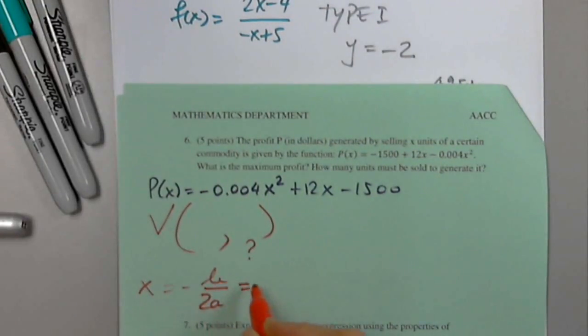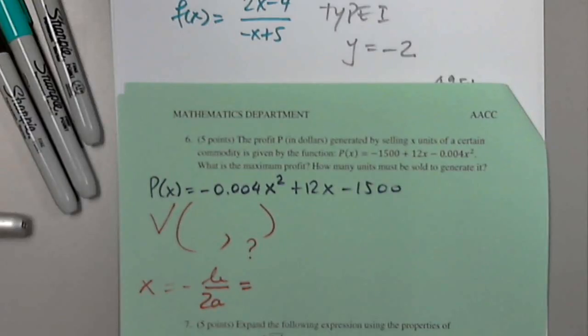Negative b over 2a. See, that's why from the very beginning I presented this function in the correct order. Because now when I find b and a, I could have messed it up if I hadn't arranged it from the beginning.